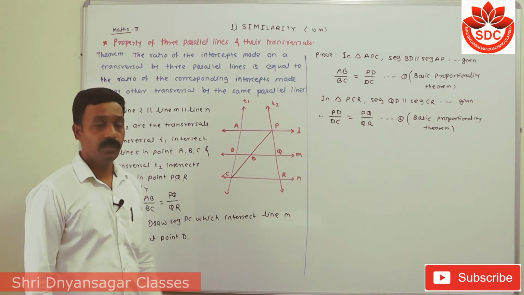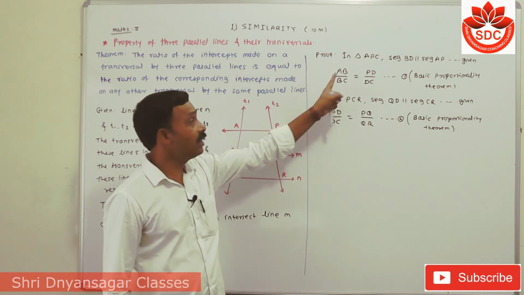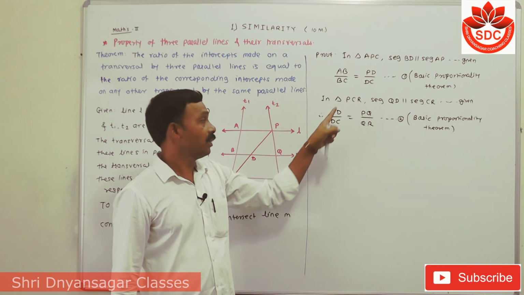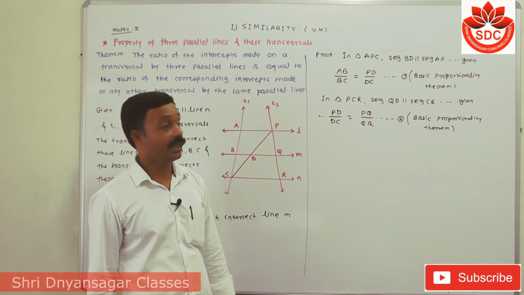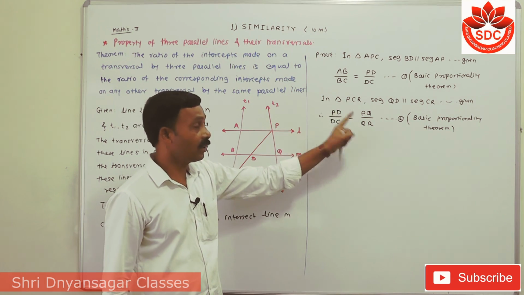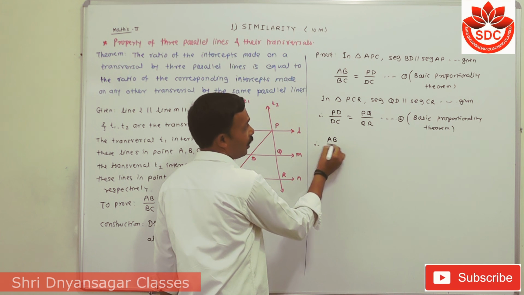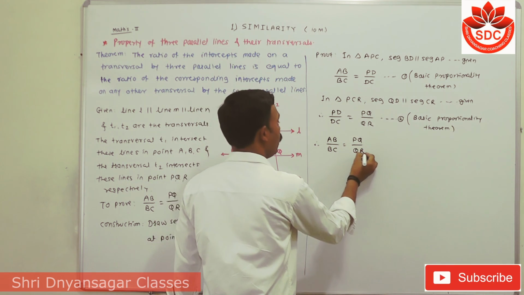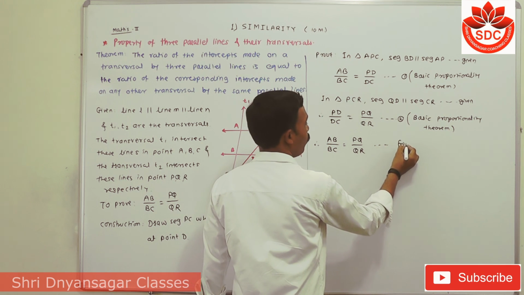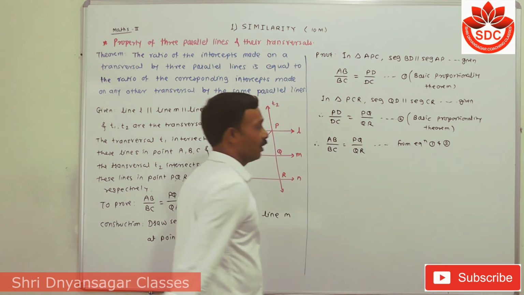Okay, student. Then observe equations first and second. The first ratio is equal to the second ratio, and the second ratio is equal to the third ratio. Then the first ratio and the third ratio are also equal. So by using this I will write AB upon BC is equal to PQ upon QR, from equations first and second.